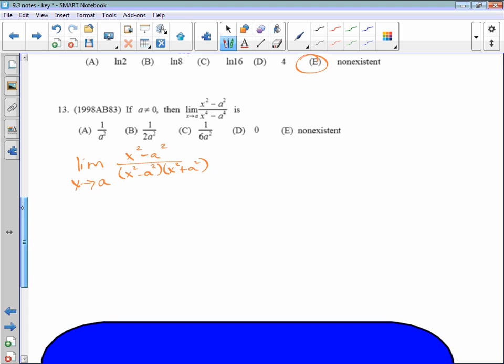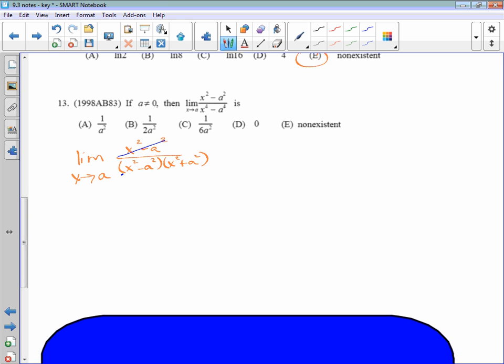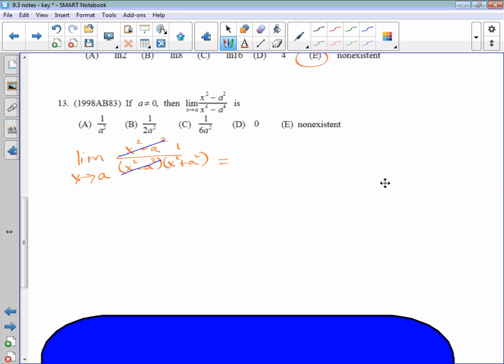So then I can get rid of that. So what's in your numerator even though it canceled out? 1. Okay, good. So I'm going to plug in a, and I would have 1 over a squared plus a squared, which is 1 over 2a squared.